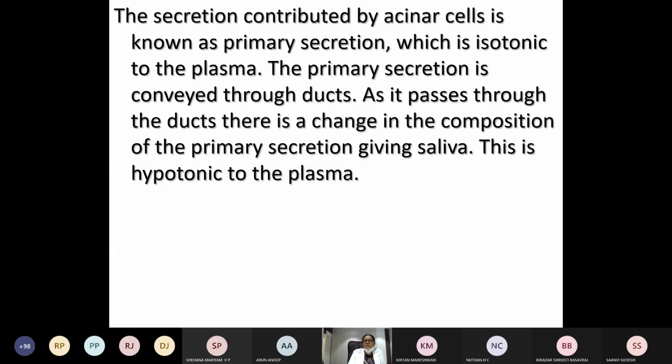As it passes through the ducts, there is a change in the composition of the primary secretion, giving saliva. This is hypotonic to the plasma.